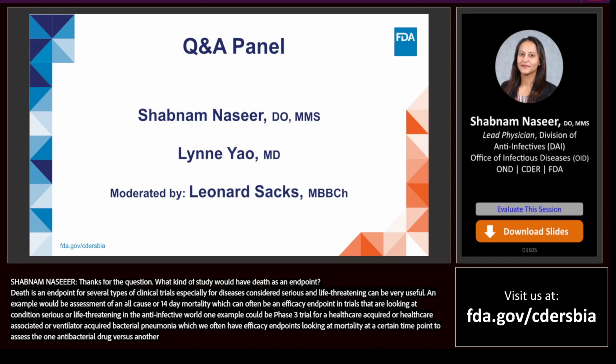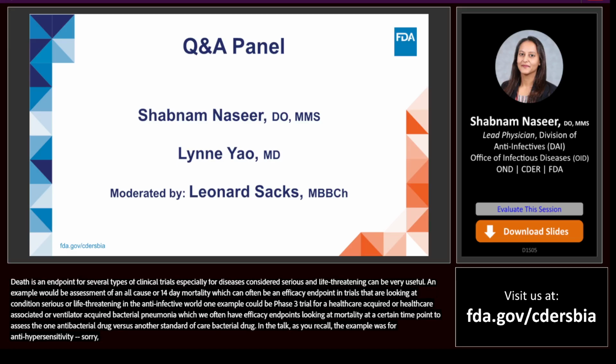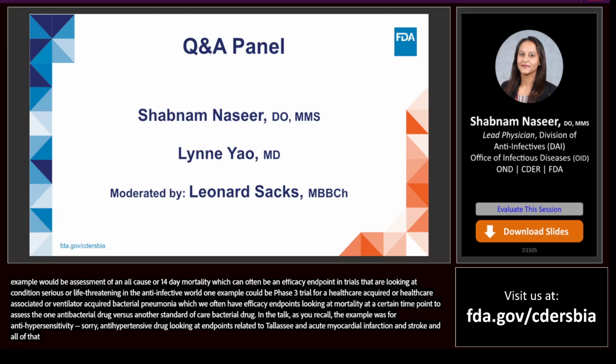And then in the talk, as you recall, the example was for an antihypertensive drug that was looking at endpoints related to mortality and acute myocardial infarction and stroke and that sort of thing. Yeah, thanks very much.